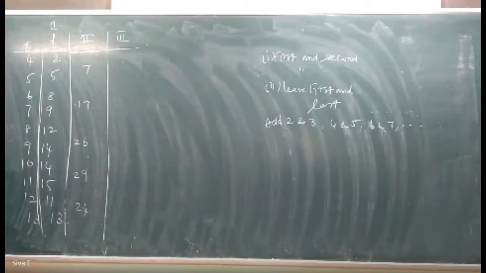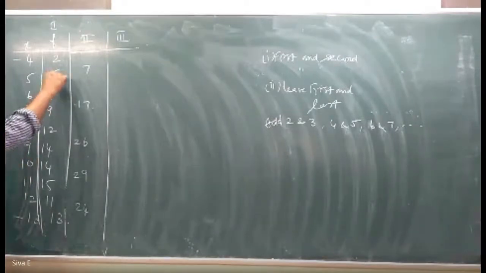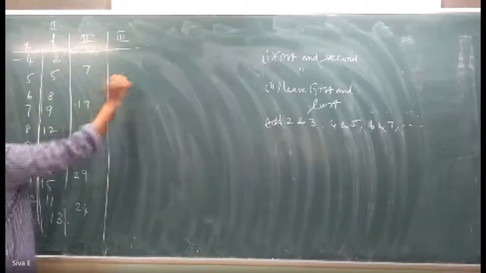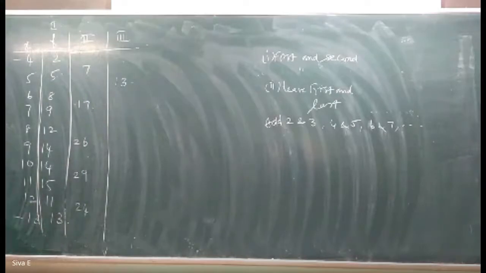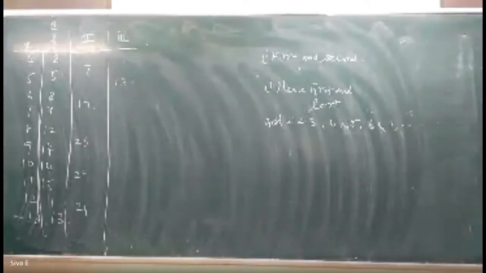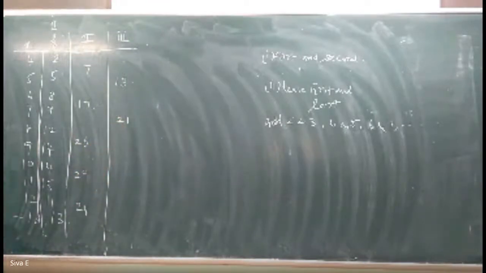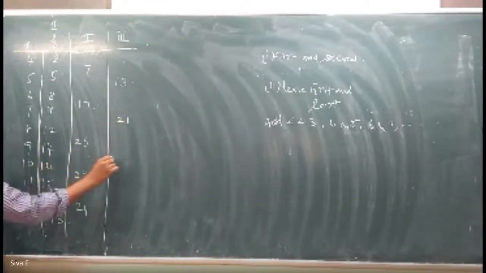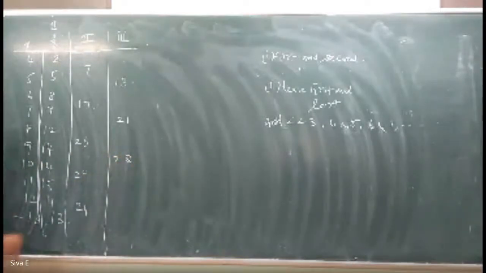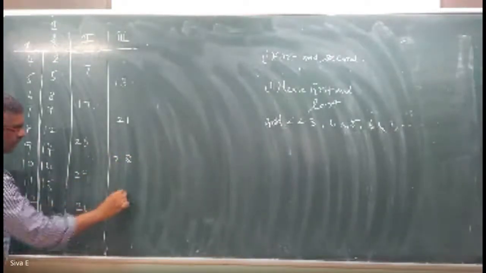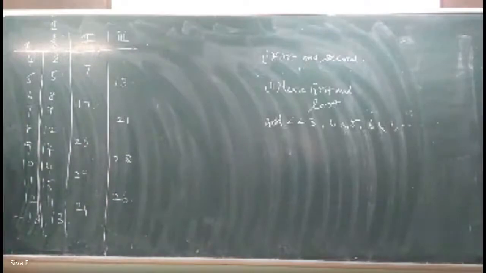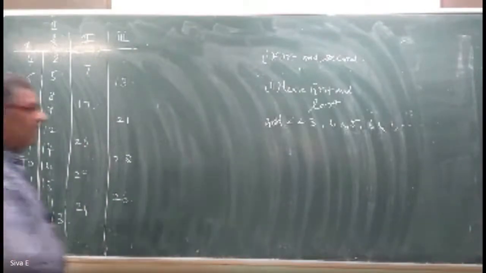Here, when you leave the first item frequency and the last item frequency, adding the rest, you will get 13, then 21, 28, and then 26. It is the second step.